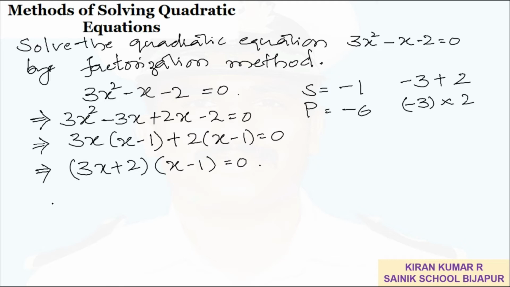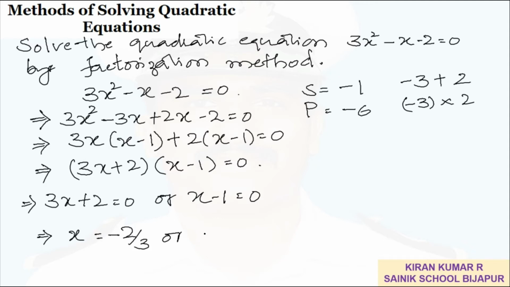Either 3x plus 2 should be equal to 0, or x minus 1 should be equal to 0. So now we solve for x. x will be negative 2 by 3, or x will be positive 1. Therefore, the roots are 1 and minus 2 by 3.